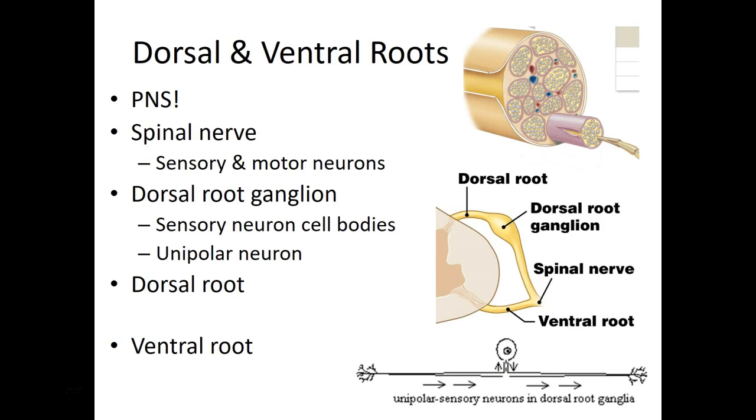And why is this helpful? Well, it's helpful because you can send information fairly quickly from one end of the neuron to the next. It doesn't have to do a lot of integrating, because that's the job of the central nervous system. So it's just trying to conduct information as efficiently as possible.